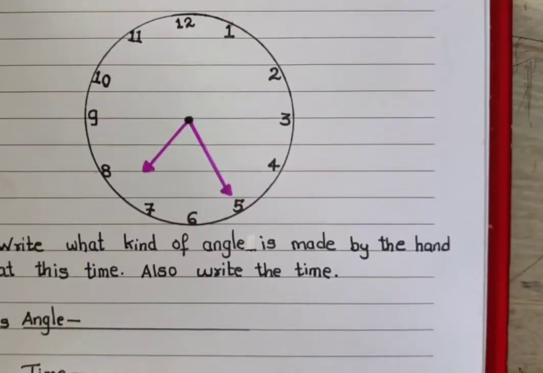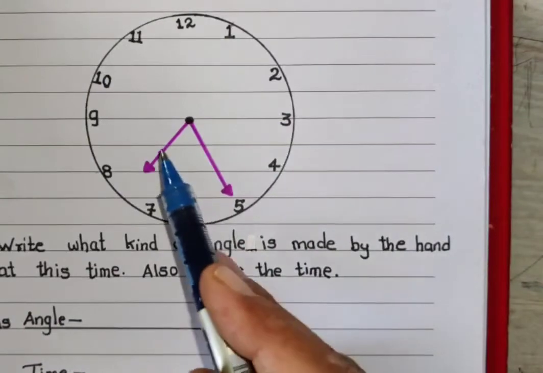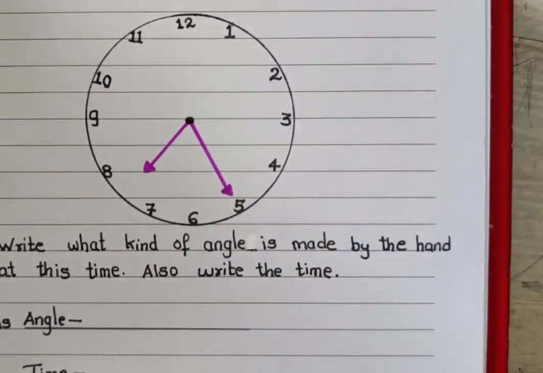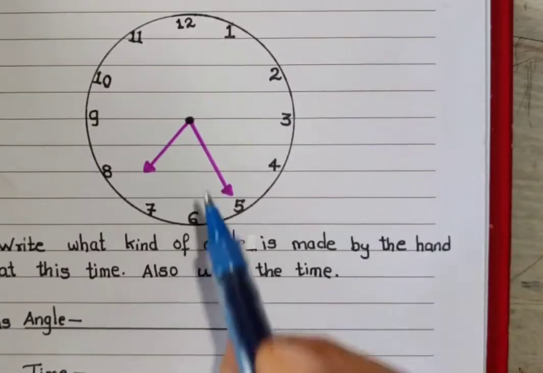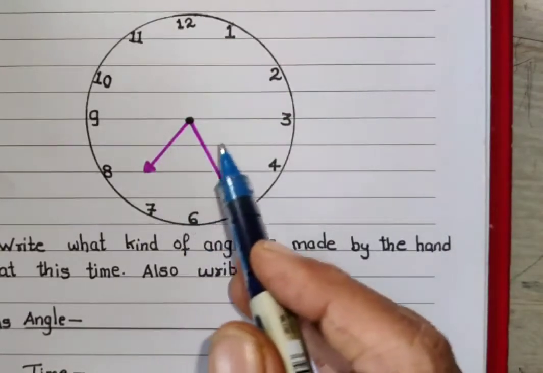Okay students, now we begin with time, that is, the clock. In this clock, the hour hand and minute hand always form one angle. And we have to write what angle is formed by the hands of the clock.